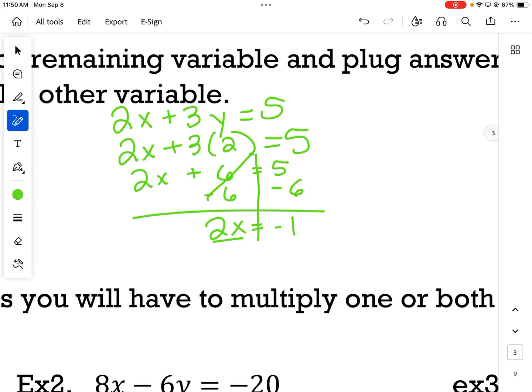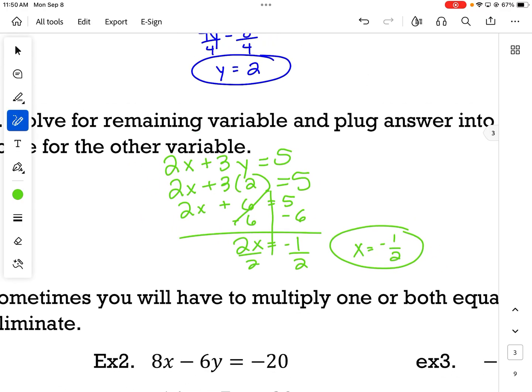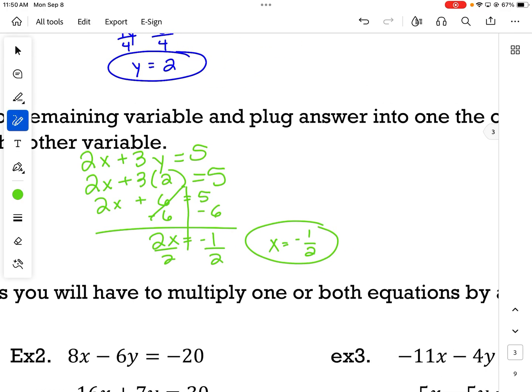And we divide by 2. So x equals negative 1 over 2. So we have the x value, we have the y value. So our solution is x, comma, y. So negative half, comma, 2. That is our solution.